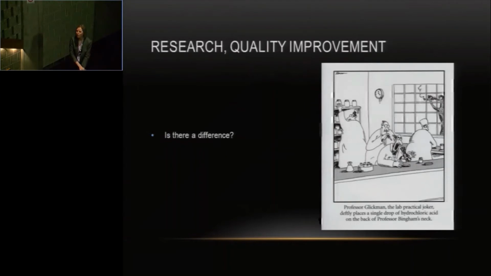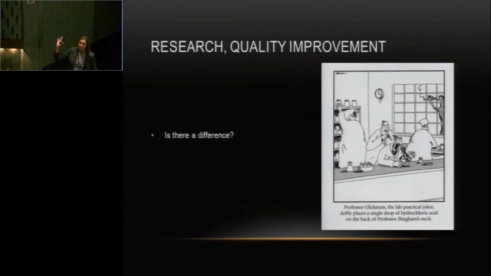So what's the difference between quality improvement and research? Tell me what you know. Same thing? Done the same way? Done for the same reasons? What do you think? How about the time? Which takes longer, quality improvement or research? Good. Okay. We're talking in generalities, right? What's the goal of research?